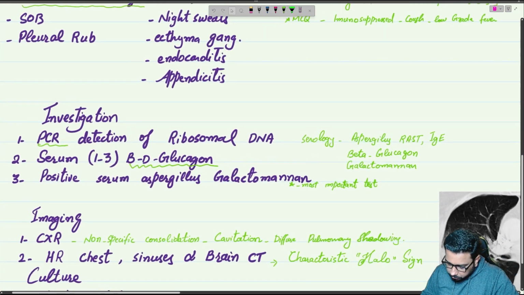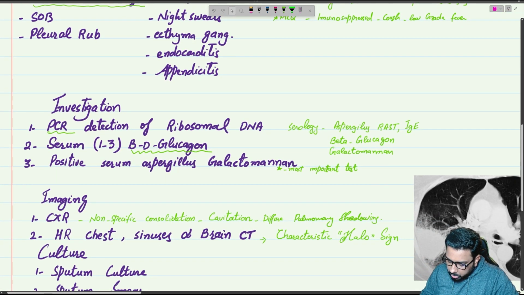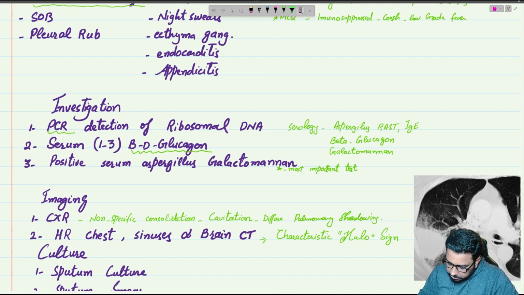So investigation. There are multiple ways we can detect this. The positive serum Aspergillus galactomannan is the most important to remember. Positive serum Aspergillus galactomannan. Now, IgG, we also call it Aspergillus precipitins, will be positive in the chronic form.